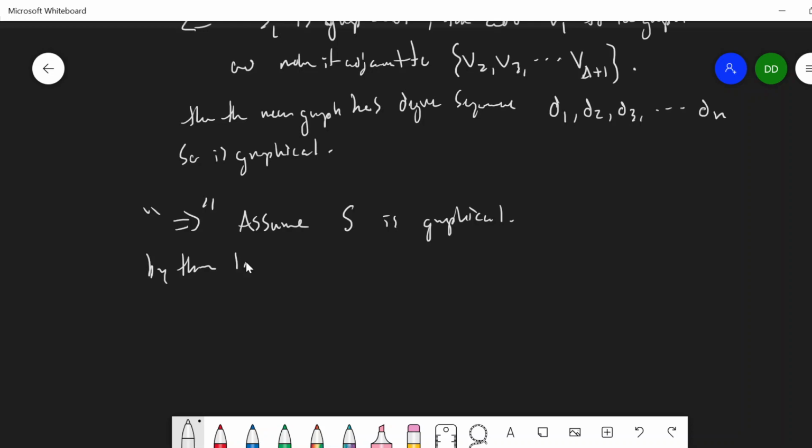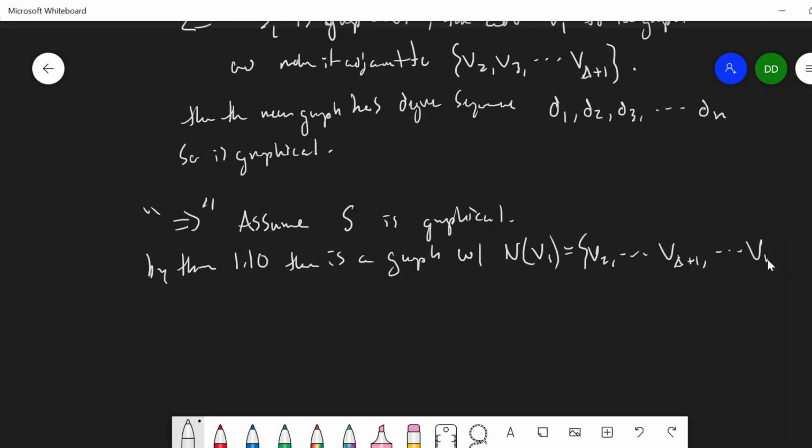By theorem 1.10, there is a graph with neighborhood of vertex V1 equal to these ones, V2 up through V delta plus 1.